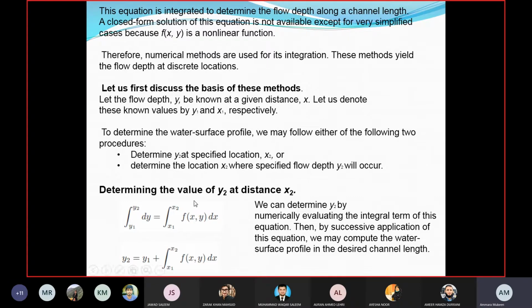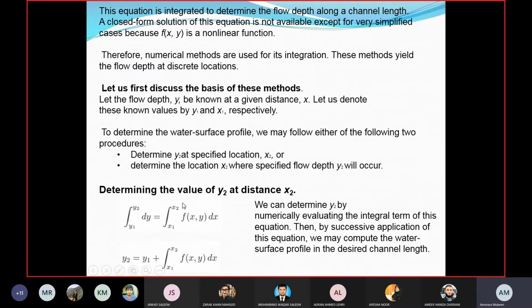One possibility is when the value of y2 is unknown and the distance is known. x1 is the distance you already know, and there is another known distance x2.